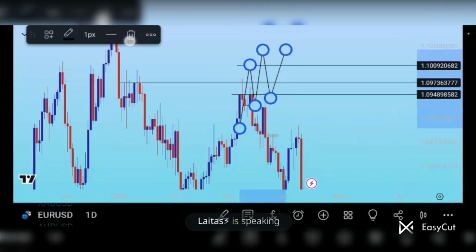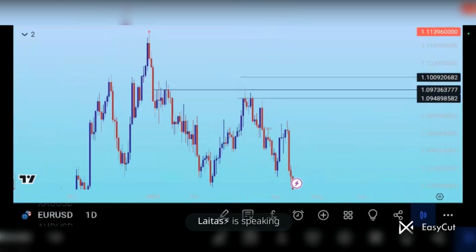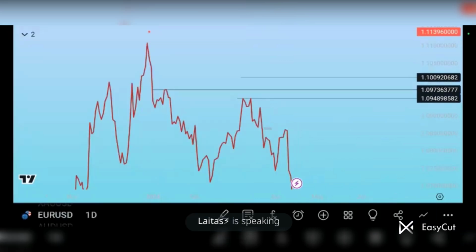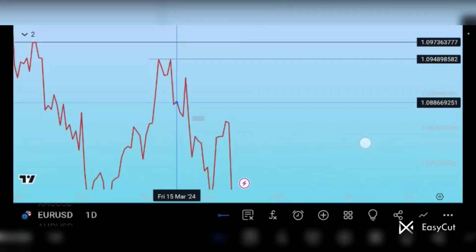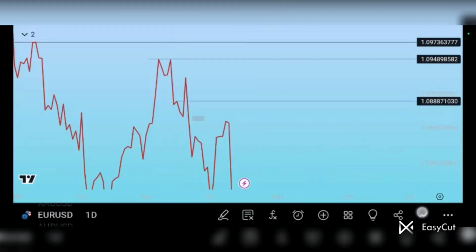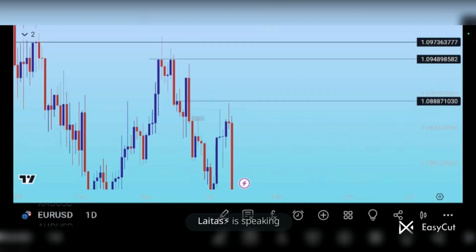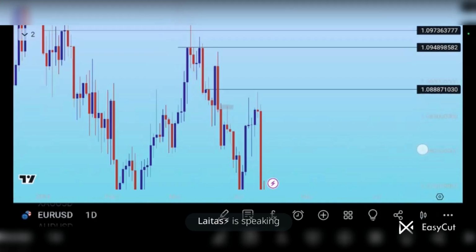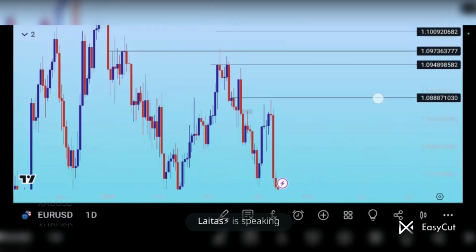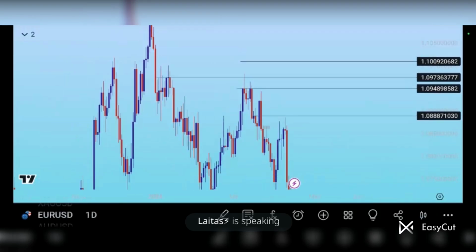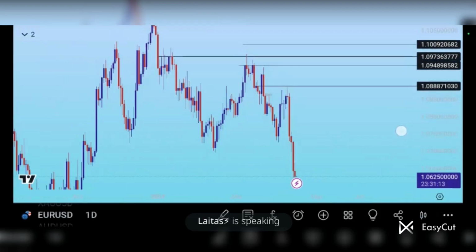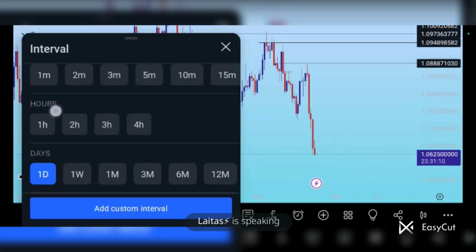And also QM. You know QM now. Let me show you more of QM trade. This QM. Let me show you another QM. Even the price did not come there. Let me go to H4.